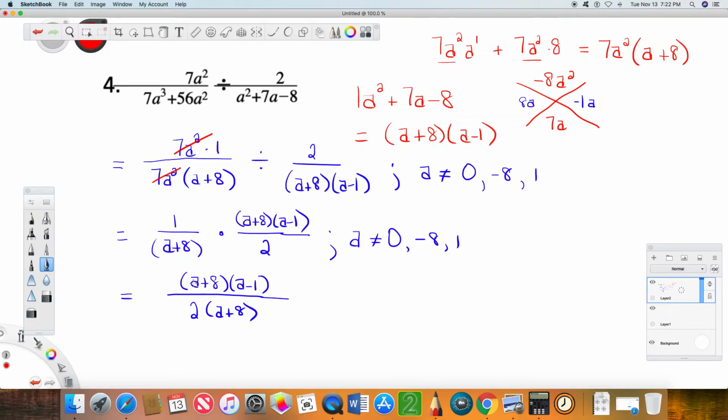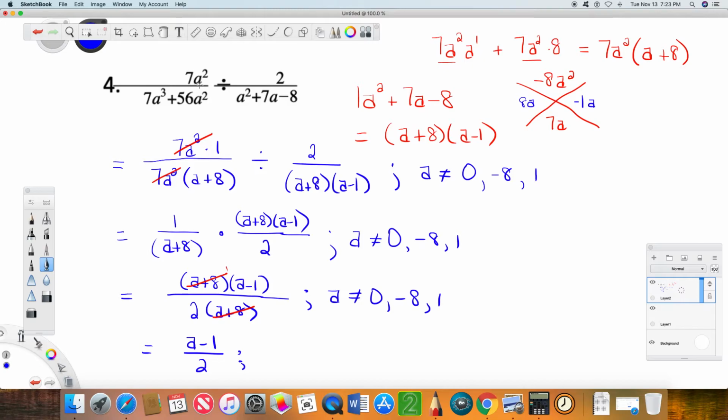I see that I have a factor of a plus 8 divided by a plus 8. That's just 1. Now, of course, I haven't written my restriction yet. My restriction comes along for the ride for each step. And we're ready to state our final answer because we have a minus 1 divided by 2, and that's a single rational expression in lowest terms.